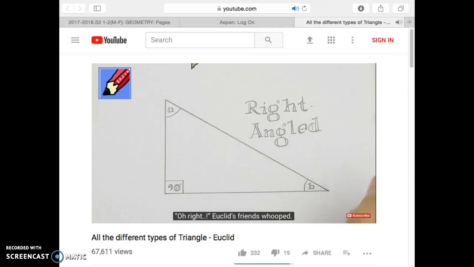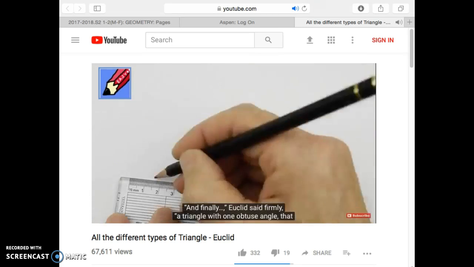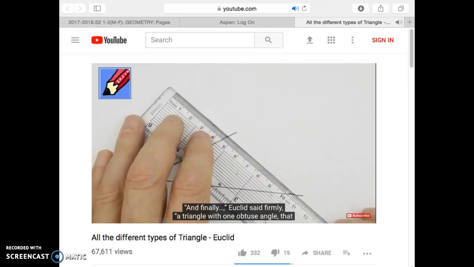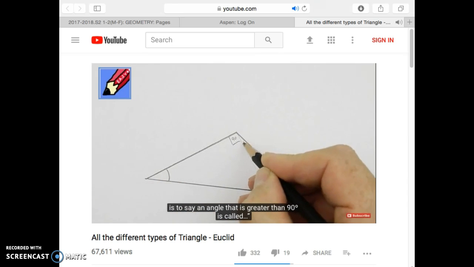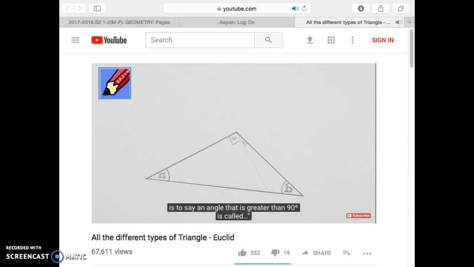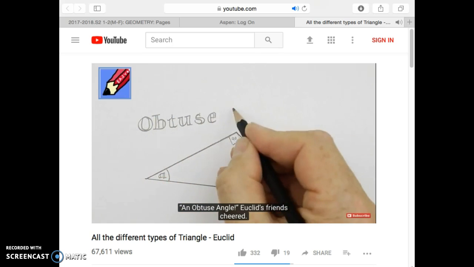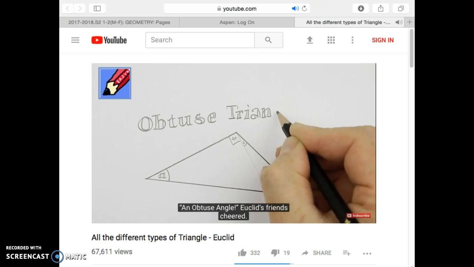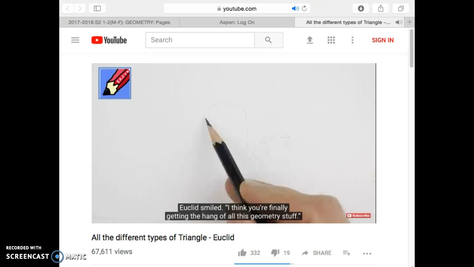Oh, right, Euclid's friends whooped. And finally, Euclid said firmly, a triangle with one obtuse angle, that is to say, an angle that is greater than 90 degrees, is called an obtuse triangle. Euclid's friends cheered.